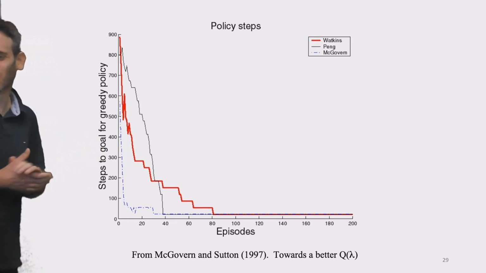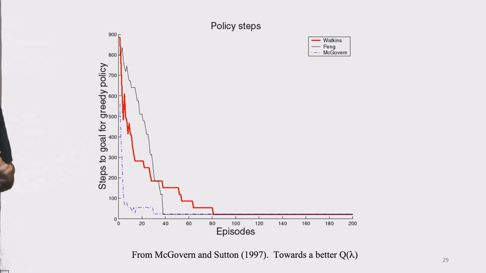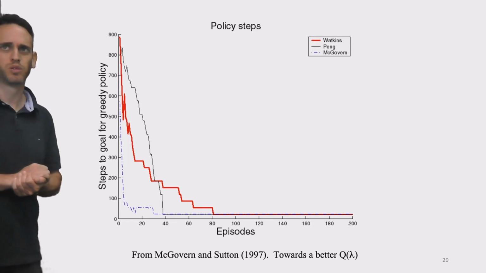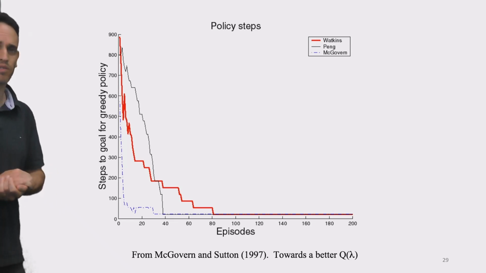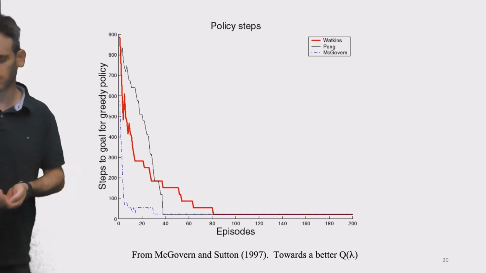When we actually zero out the eligibility. And you can see that Watkins is a bit better initially, a bit slower later on compared to Peng's approach. Yeah, so there's no clear winner between Peng's and Watkins, but it seems like the most naive approach, the McGovern approach, works best, at least in this domain.